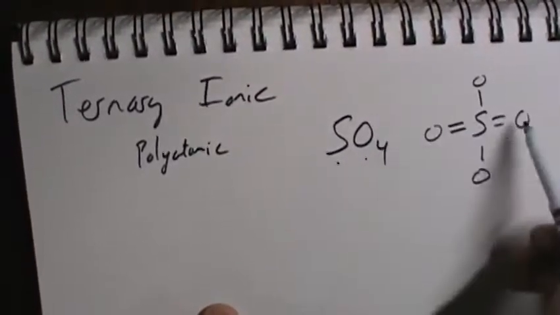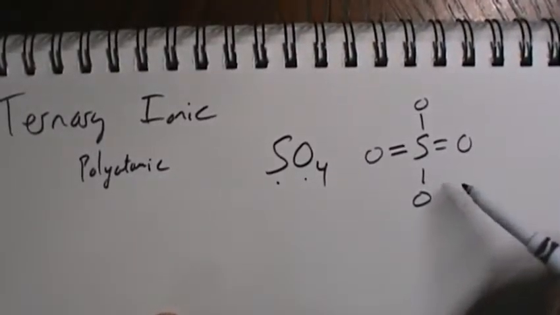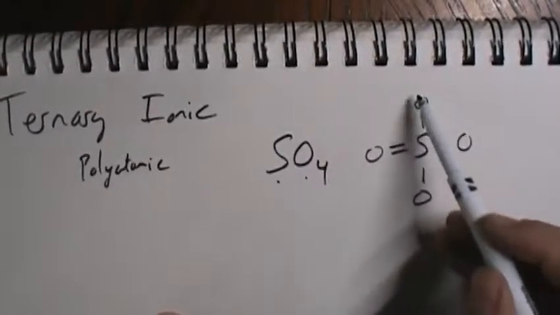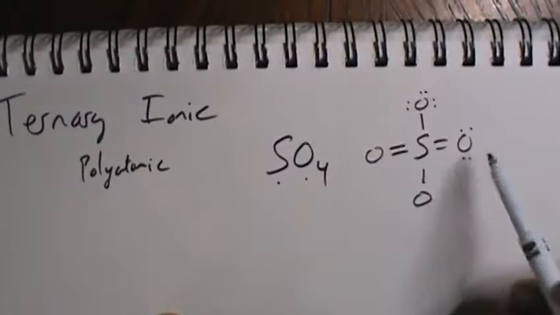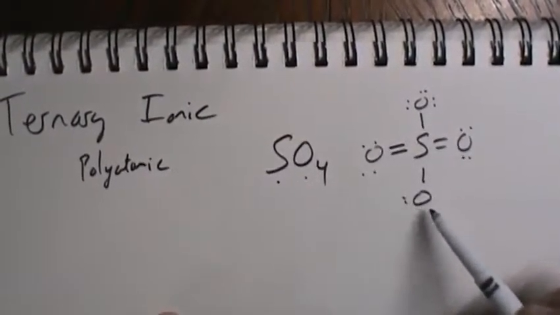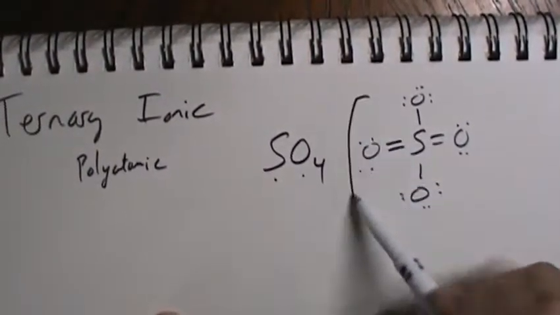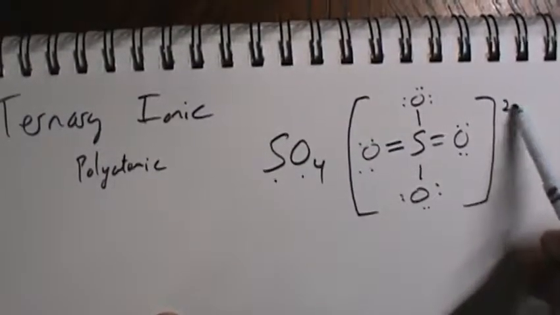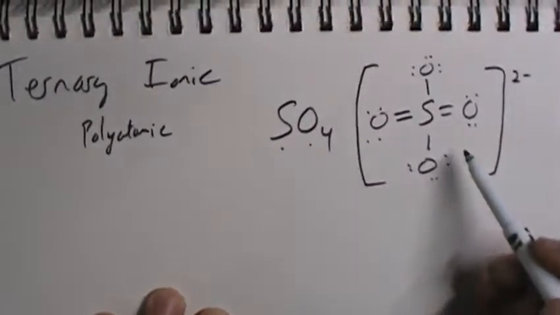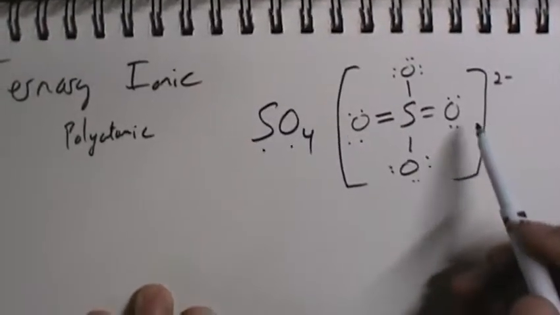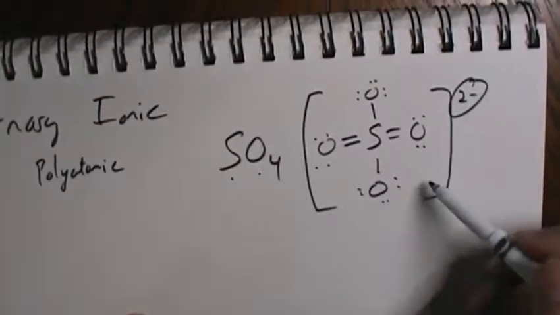And this is in fact what sulfate looks like as an ion. I could throw in all the extra electrons too, to make the dot structure proper. And it has a charge of -2. So inside of that ion, there are covalent bonds happening. But it is an ion, meaning it has a charge.